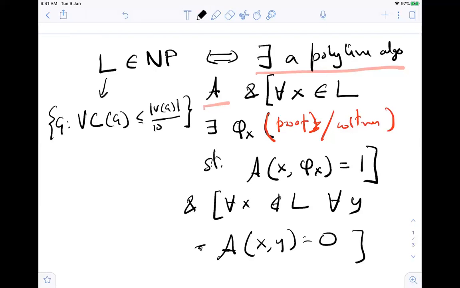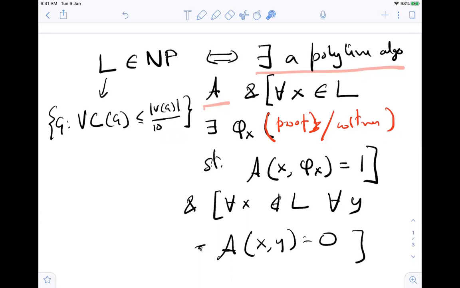Now this is a language. What does it mean? You have to convince me, or say I have to convince you. I am the student in some sense, right? You have asked me: here is the graph G, does there exist a vertex cover of size less than V by 10? How will I do it?